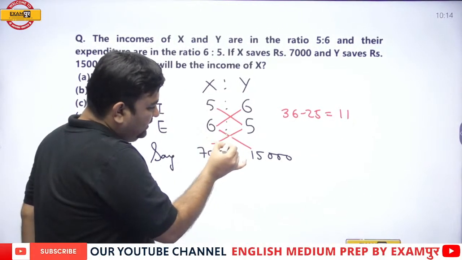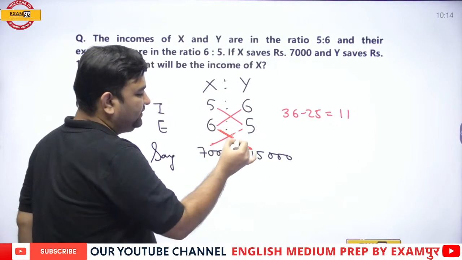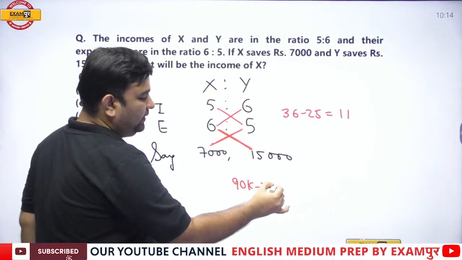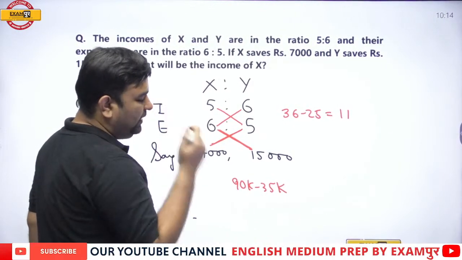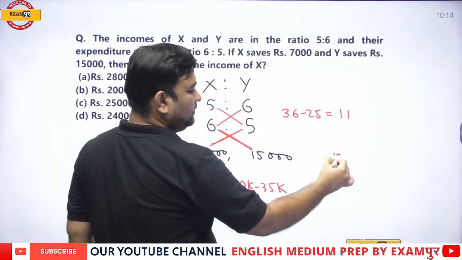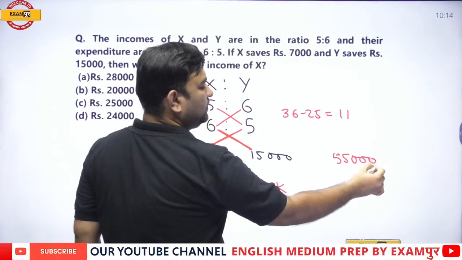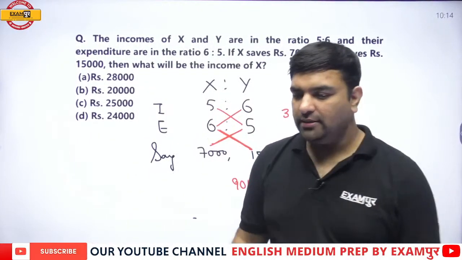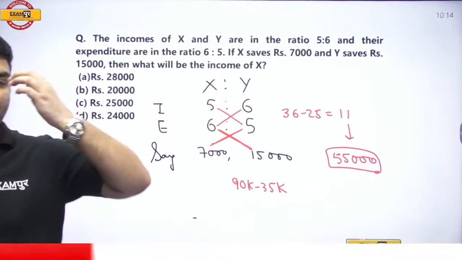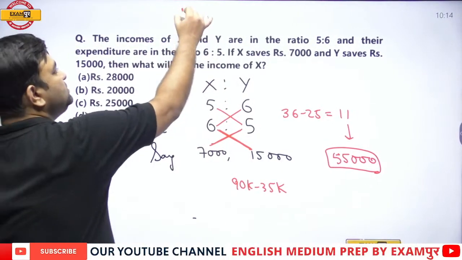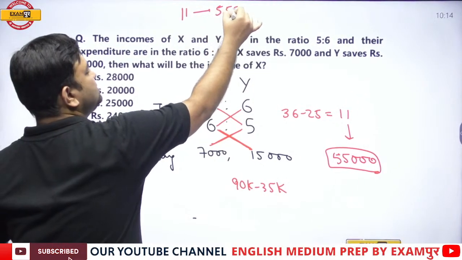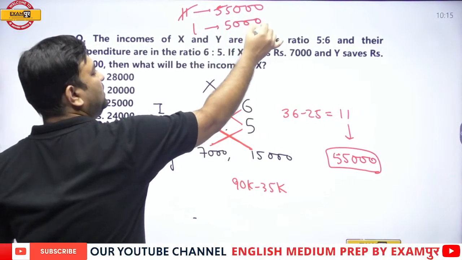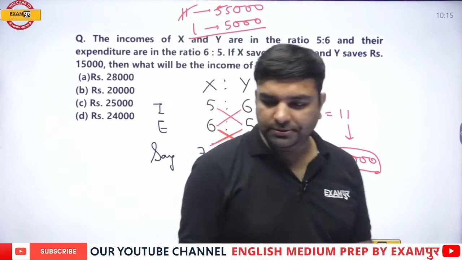And this is 90,000 and this is 35,000, so 90K minus 35K is 55K. So this 11 is equal to 55,000. If 11 is equal to 55,000, then 1 is equal to 5,000.